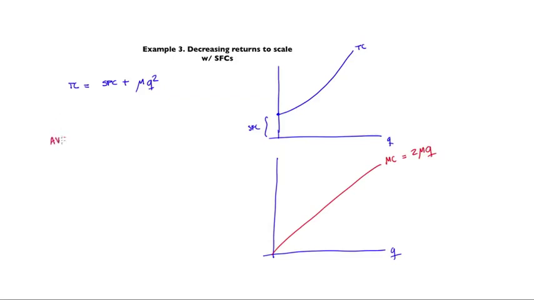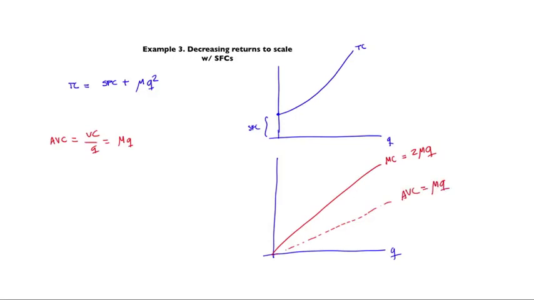Average variable costs are just variable cost divided by Q, which is mu Q squared divided by Q, which gives us mu Q. So the average variable costs are increasing linearly, a line below the marginal cost.